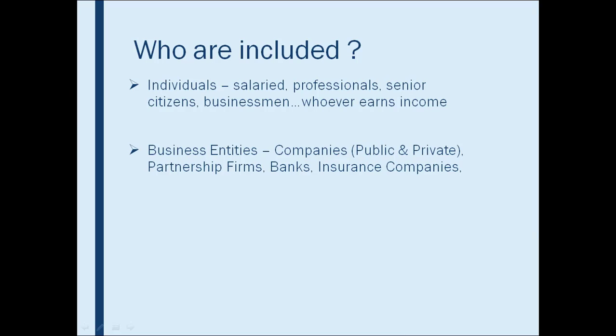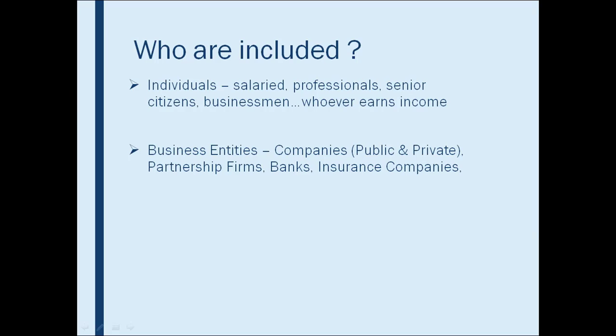Then of course there are various business entities. By business entities we mean various forms of a business organization. It could be a partnership firm, it could be a company. Again, companies can be public or private. Again, there could be an Indian based company or a foreign company which sets up an office. Then there could be banks or insurance companies which are also operating. So all kinds of business entities are included, so nobody has escaped.